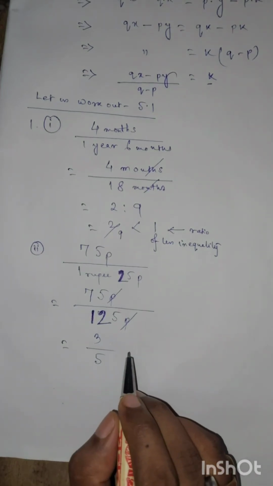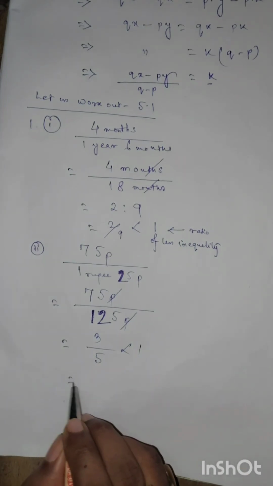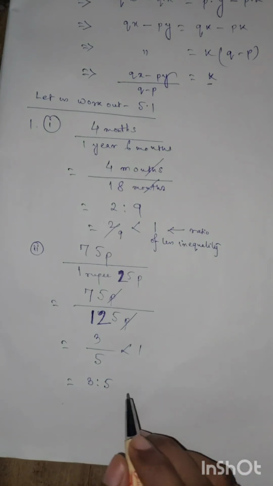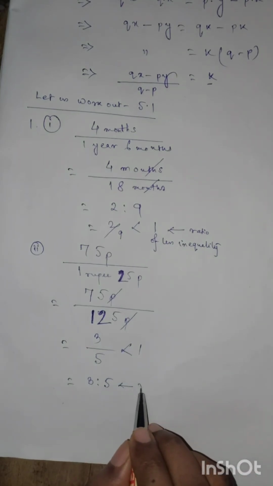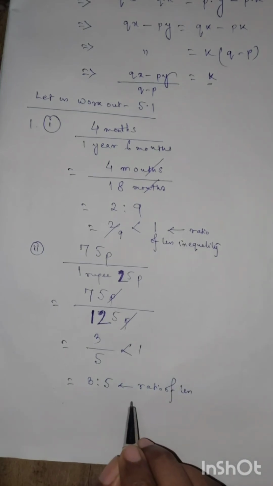So this is also less than 1. The ratio is 3 is to 5, and this is ratio of less inequality.